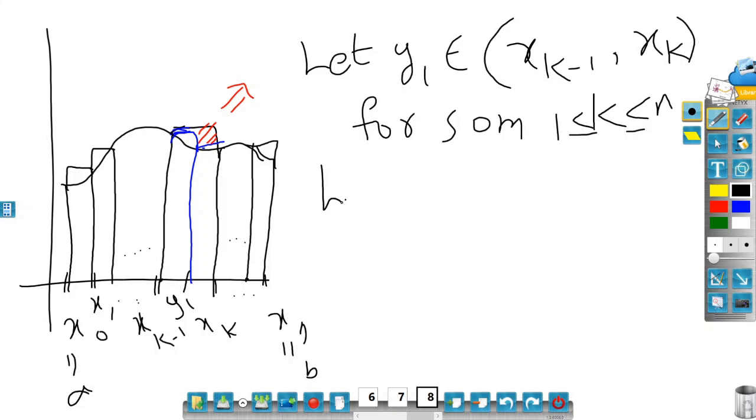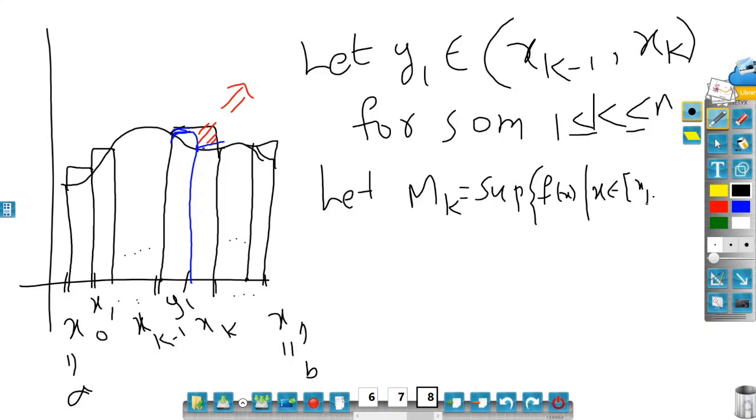So let capital MK be the supremum of fx such that x belongs to xk minus 1 comma xk, and on this rectangle I will have another supremum, and on this rectangle I will have another supremum.